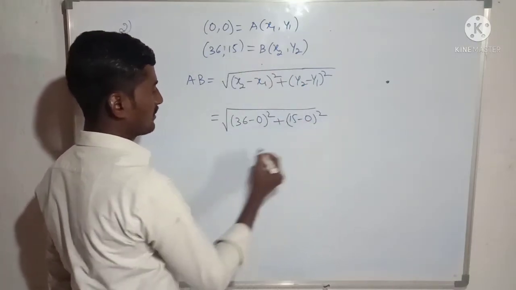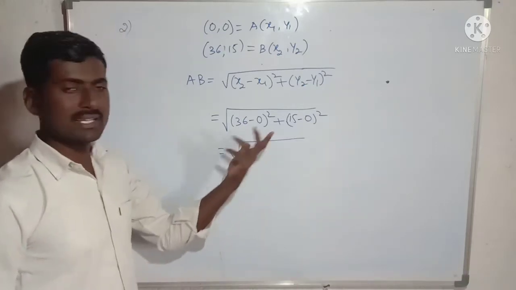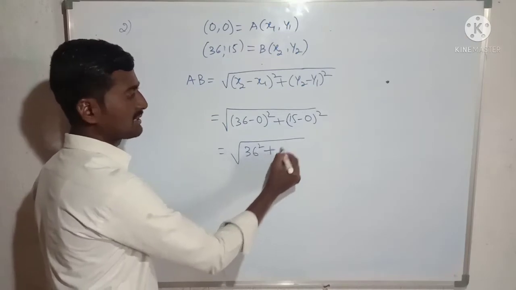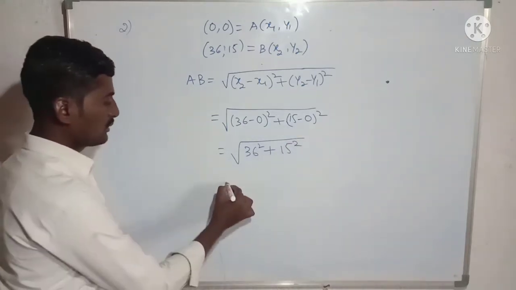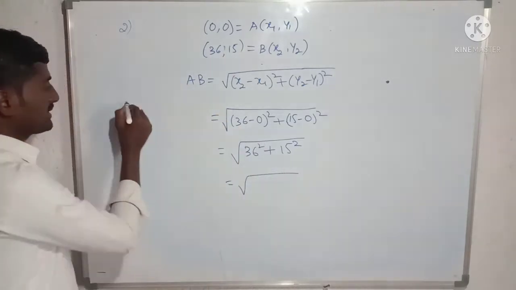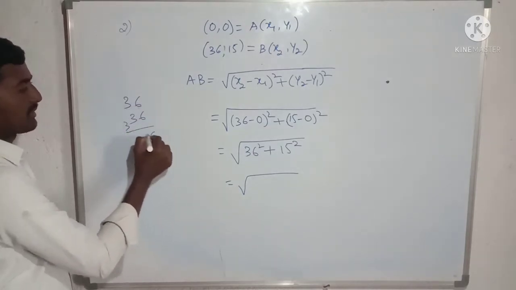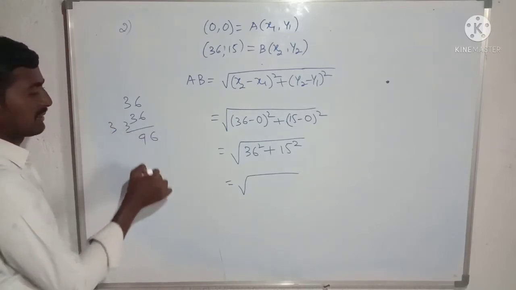whole square, that is equal to under root of 36 minus 0, that is 36 only. So that is 36 square plus this is 15 square. Now this is equal to under root of 36 square. So 36 into 36 it is. 6 sixes are 36. 18 plus 18, 36 plus 3, 39.